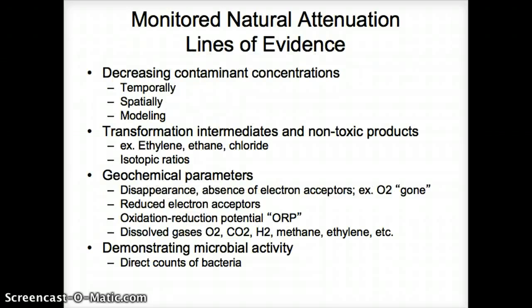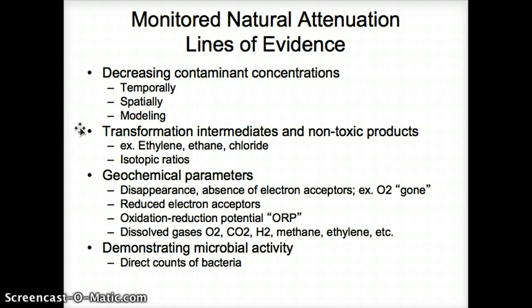So how do we know that monitored natural attenuation is happening and chemicals are degrading naturally in the soil and in the groundwater? These are the ways listed here in this slide. If over time from collecting samples we see that the contaminant concentrations are decreasing, then that's evidence that monitored natural attenuation is happening.